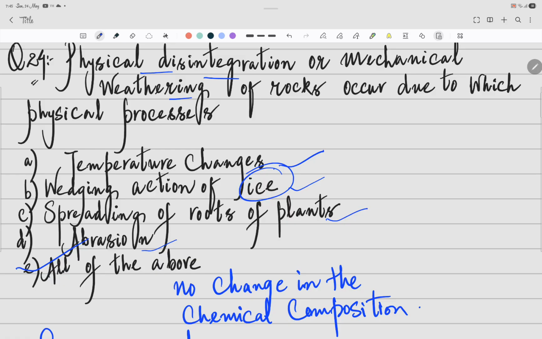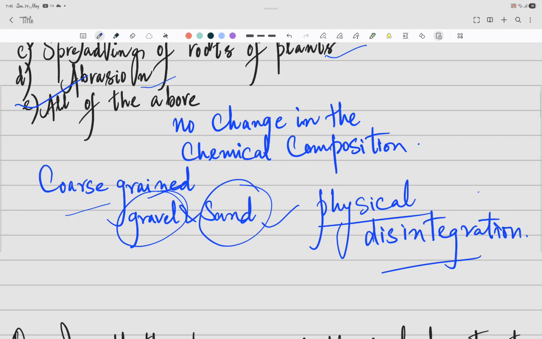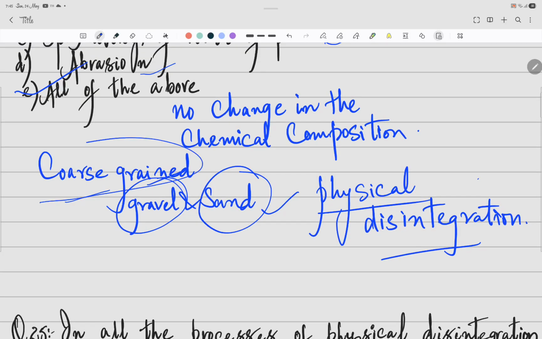All these processes lead to the physical disintegration of rocks, and we get coarse grained soils, gravel and sand, in which there is no change in the chemical composition, and the soil formed has the properties of its parent rock.